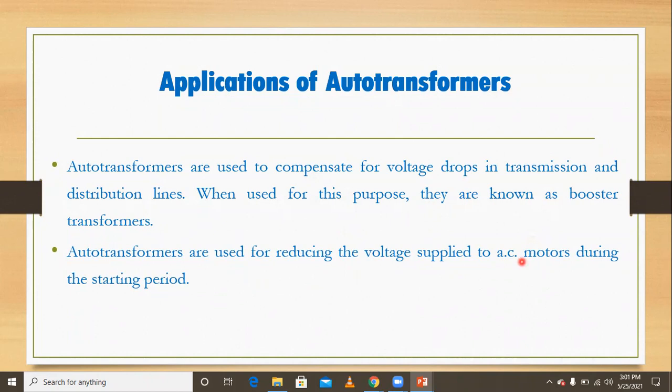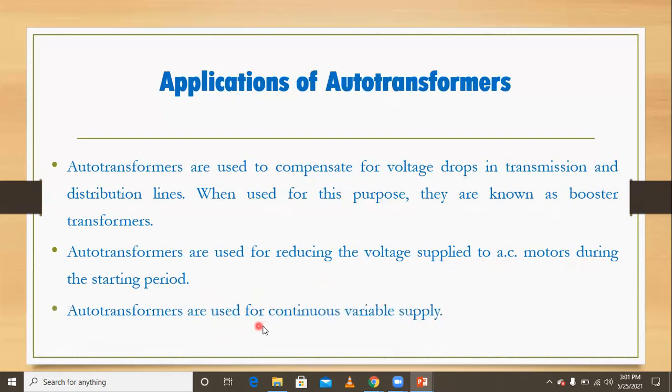These can be started using an auto transformer to reduce the high starting current. During starting the current is high, so to reduce the starting current flowing into the winding, the auto transformer is used.